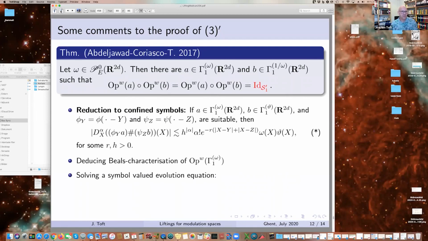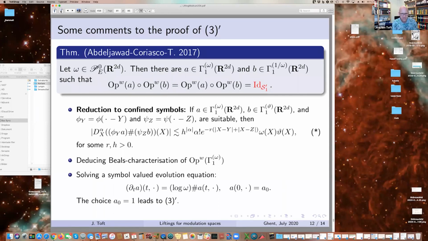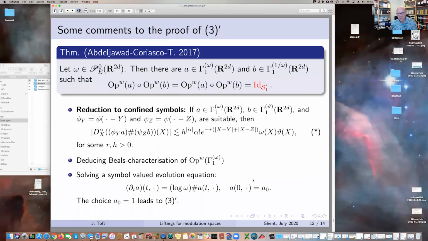And then we come to a big part, solving a symbol-valued evolution equation. This means that the equation we considered is this one here, where A depends on the parameter t, and is then, with respect to t, a symbol-valued function.